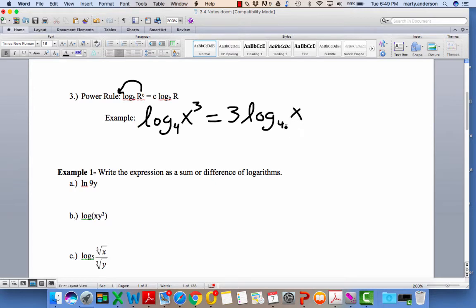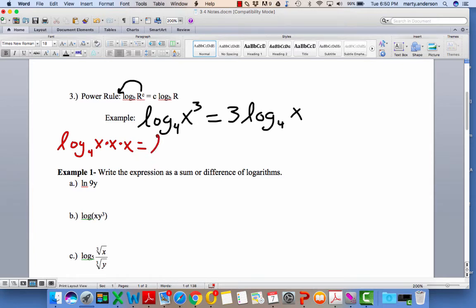Now, if you paid attention to the product rule, which I'm sure a couple of you did, think about what it means to be x cubed. We could write that as the log base 4 of x times x times x.